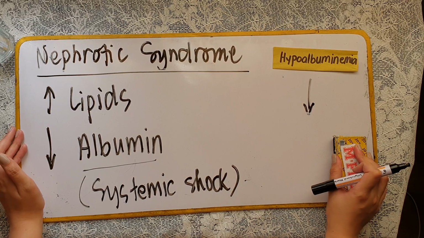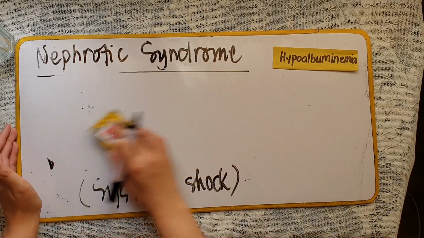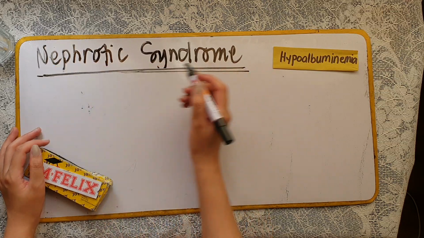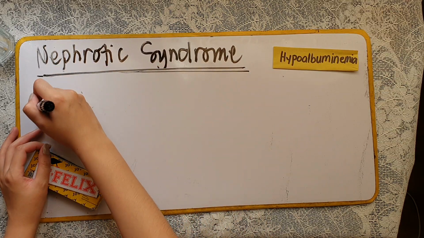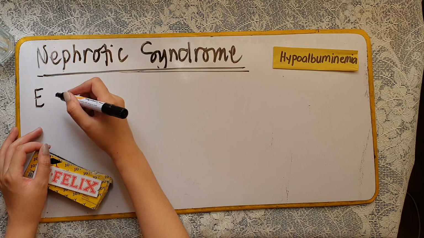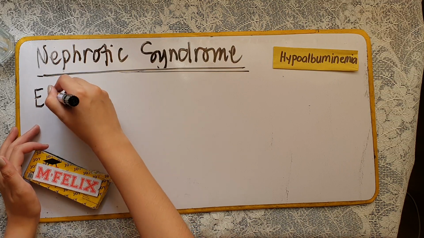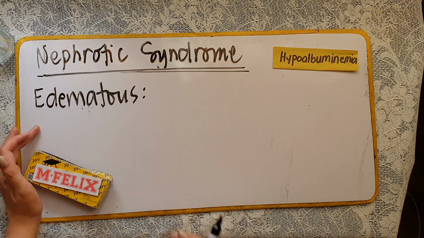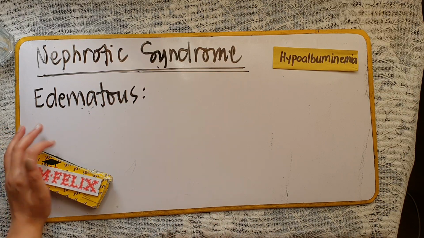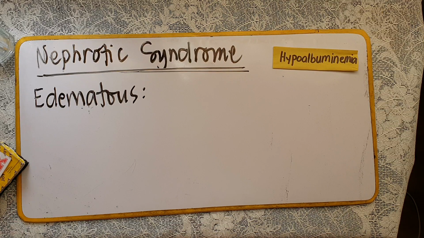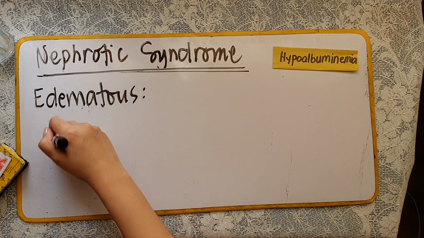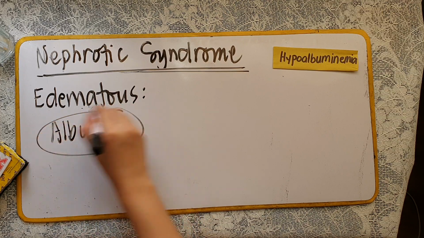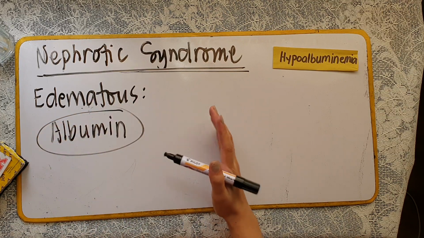Okay? Now, again, you might be wondering why is the patient manifesting edema, or rather, bakit nagiging edematous ang patient pag sinabing nephrotic syndrome? Again, balikan natin si albumin class, kasi siya yung pinaka bumaba sa circulation natin this time.